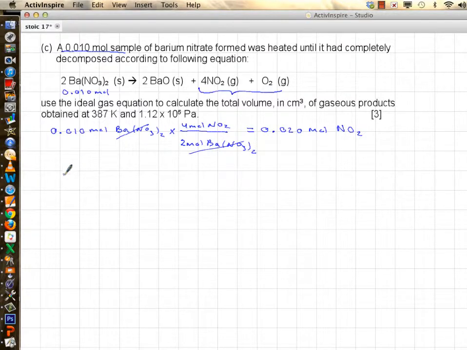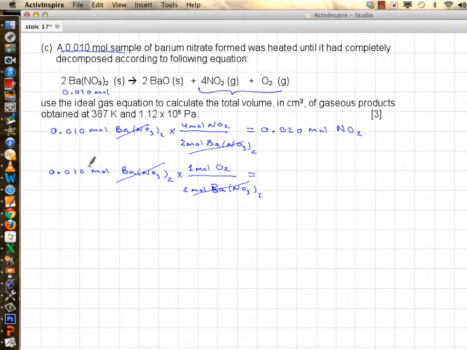Now let's go after oxygen. 0.01 moles of barium nitrate again. This time it will give you half as much oxygen. For every 2 moles of barium nitrate from the balanced equation, you produce 1 mole of oxygen.